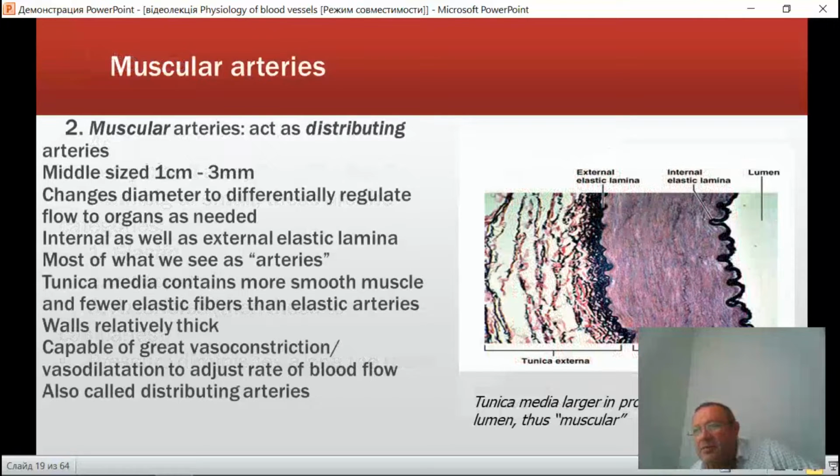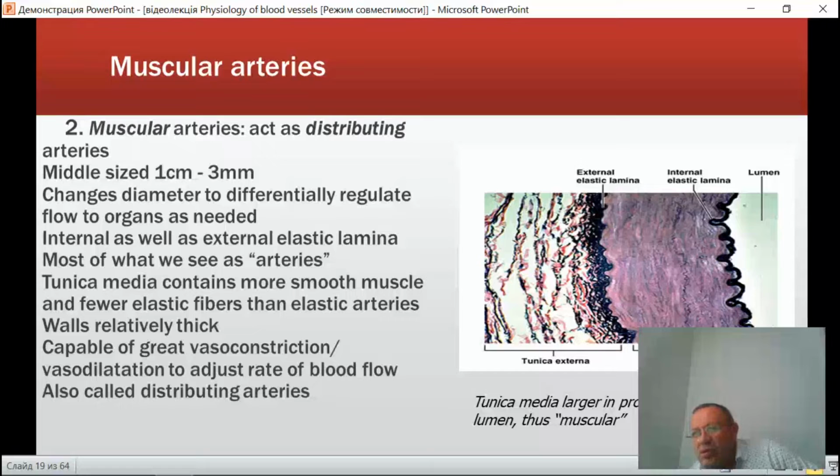Muscular arteries act as distributing arteries, middle size from 1 cm to 3 mm. They change diameter to differentially regulate flow to organs as needed, with internal as well as external elastic lamina.